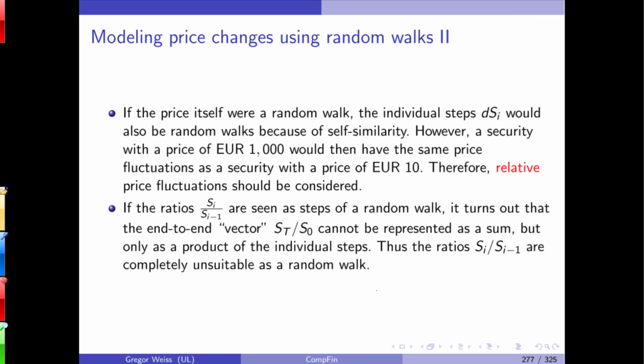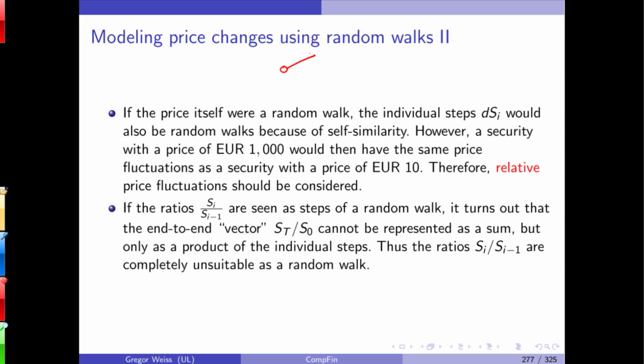Now, if the price were a random walk itself, if the stock price could go up and go down, we would get the following problem. The individual steps, dS_i, would also be random walks, because I left this out.